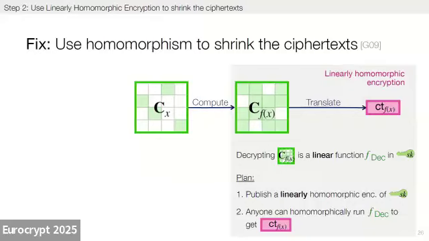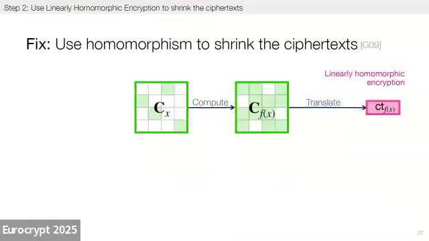So all we need to do is publish a linearly homomorphic encryption of our sparse LPN secret key. Now any party can homomorphically run this decryption function, and what it's going to get out is exactly a linearly homomorphic encryption of the same output message, so of f of x here.